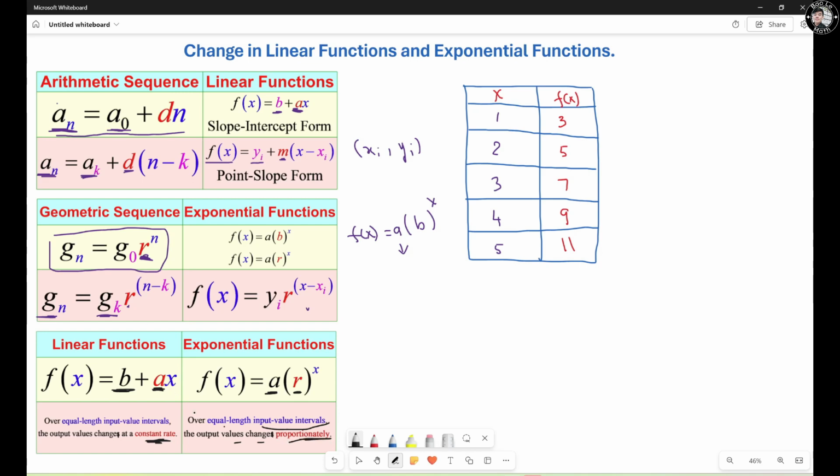Let's take a look at the example right here. Given the table where x goes from 1 to 5 and f of x goes from 3 to 11, f of x is increasing by 2 units.